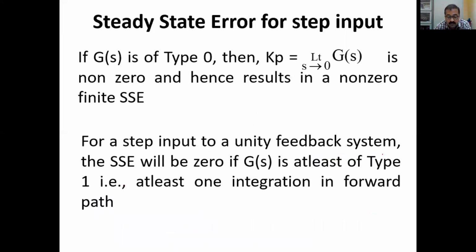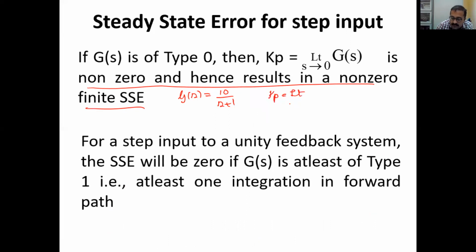Now, if G of S is of type 0, then Kp is non-zero and hence it results in a non-zero finite steady state error. What do you mean by that? For example, let us consider G of S is 10 divided by S plus 1. What's the type? Type is 0. What's the order? Order is 1. Now, what will be Kp? Let us evaluate.